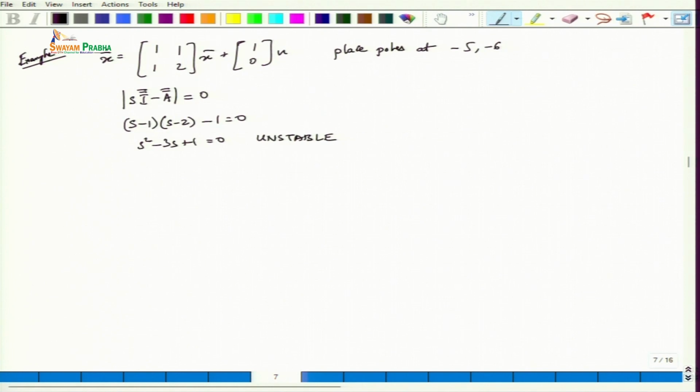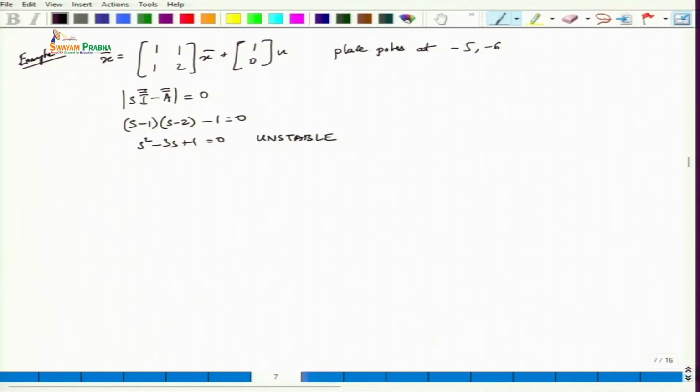One we have seen can come from time domain specifications, like we discussed in our earlier lectures. So we are going to place poles at -5 and -6. We are going to convert this unstable open loop system into a stable closed loop system.